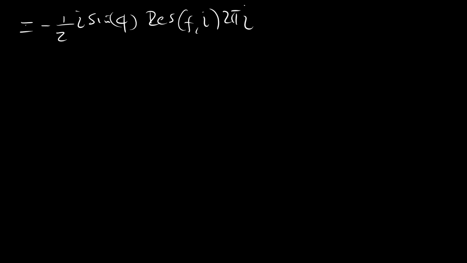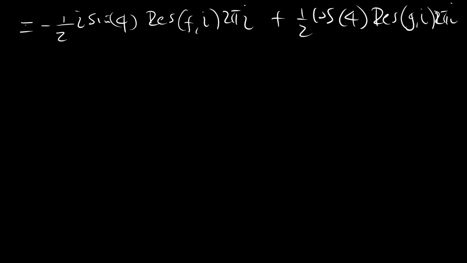Okay, so since our answer is supposed to now be negative a half i sine 4 times the residue of f at 2 pi i plus a half cosine of 4 times the residue of g at 2 pi i.